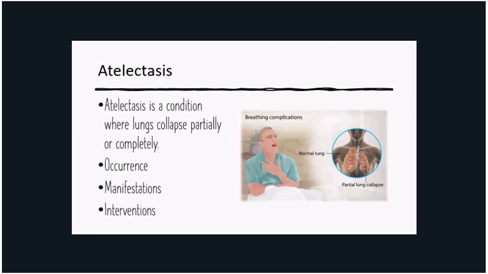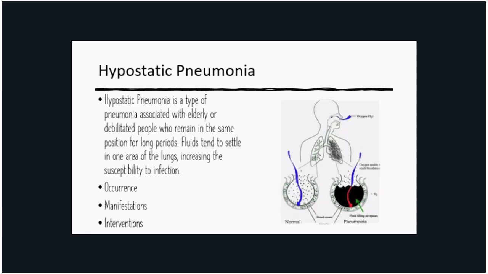Your nursing interventions in order to prevent this complication will be having the patient use the incentive spirometer. We will turn the patient, have them cough and deep breathe every 2 hours. We will encourage early ambulation and hydration, and we will monitor the respiratory rate and rhythm. So that's how you can prevent atelectasis in your postoperative patient.